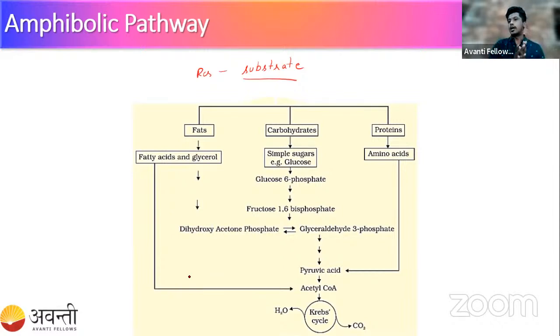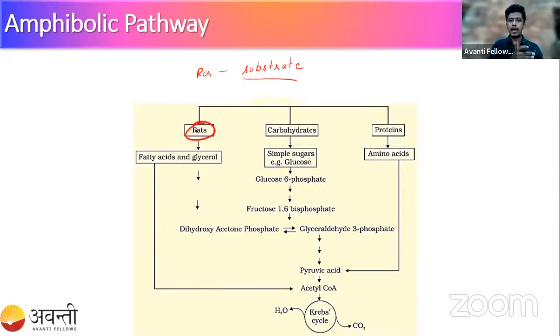Okay, so when I talk about the respiratory substrates, apart from glucose, our body also uses other substrates like fats, lipids, and proteins also. So first, let's understand how fat utilization takes place in our body, and then we'll go for the proteins, and then we'll try to understand if respiration is a catabolic or an anabolic process. Okay. So if I take an example of a fat, let's say that there are no carbohydrates and our body is utilizing fats.